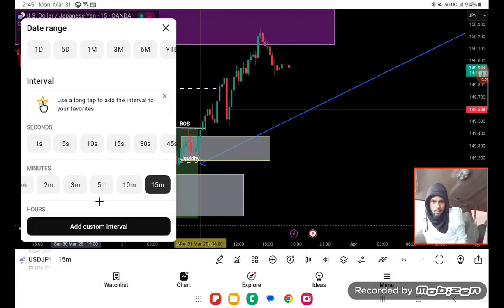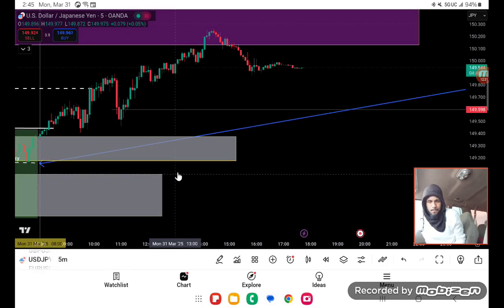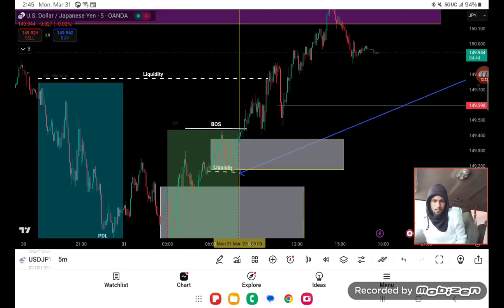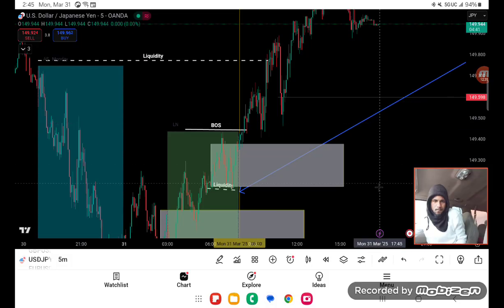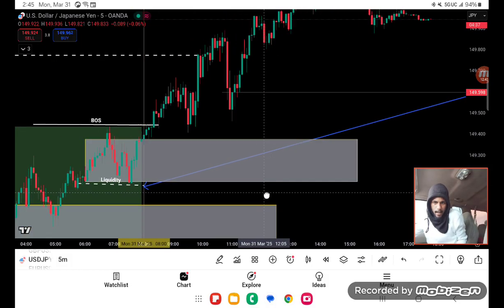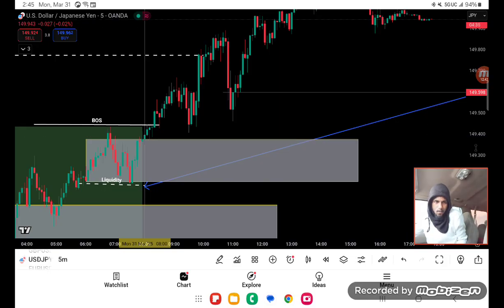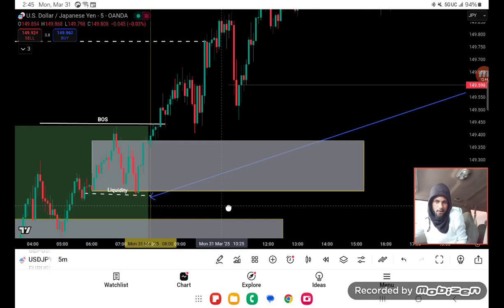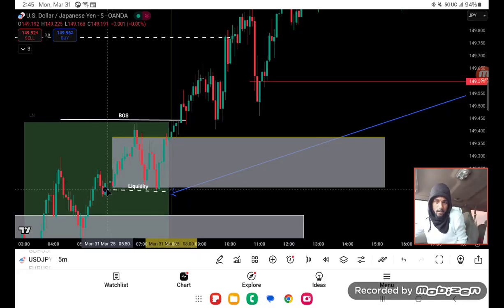So I'm gonna drop down to a 5-minute time frame. This is exactly why I was confident in taking this trade. Honestly, even after my trading cutoff time.